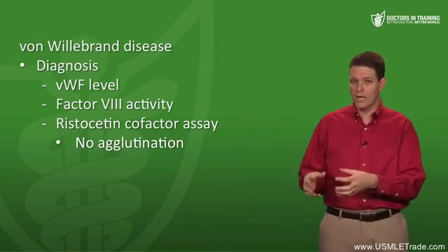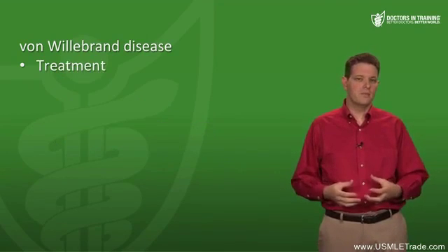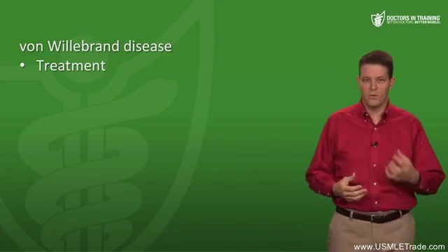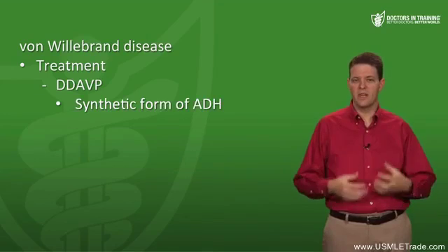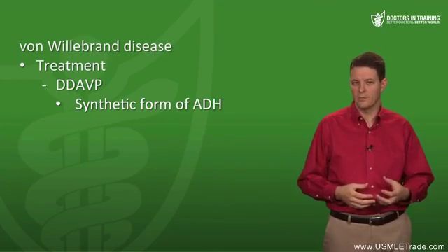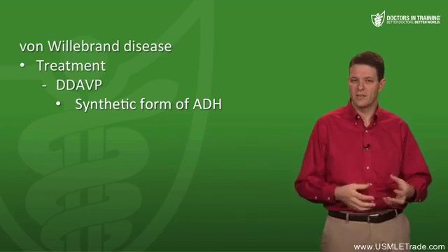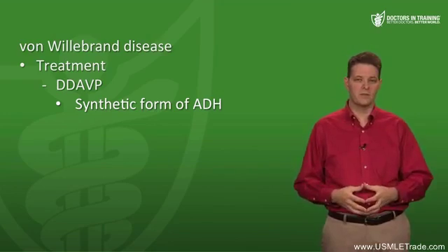But if there's no agglutination, that's positive for von Willebrand disease. And then the treatment is something you'll never be able to reason out in a million years. You just have to memorize it. For von Willebrand disease, we give DDAVP, or desmopressin, which is a synthetic form of antidiuretic hormone. ADH increases the release of von Willebrand factor from storage sites in the endothelial cells. So you give DDAVP, more von Willebrand factor can be released.